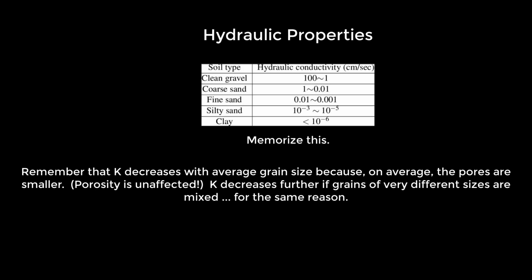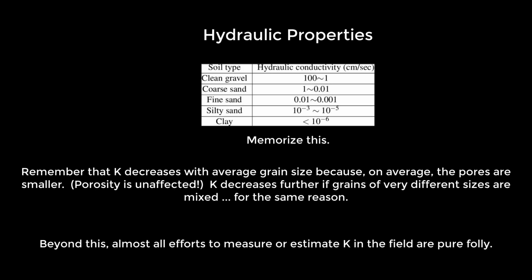There are all sorts of things called pedotransfer functions, some of them very sophisticated, and for the most part they don't really work. They work reasonably well for the soils on which they've been trained, but this back of the envelope kind of order of magnitude understanding of permeability is probably about as good as you're generally going to do.